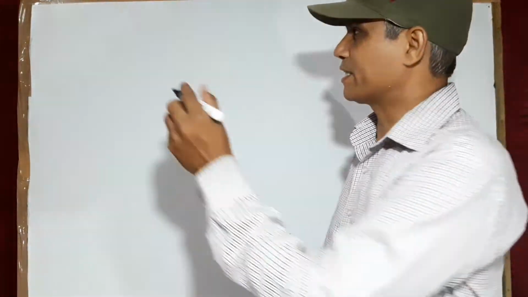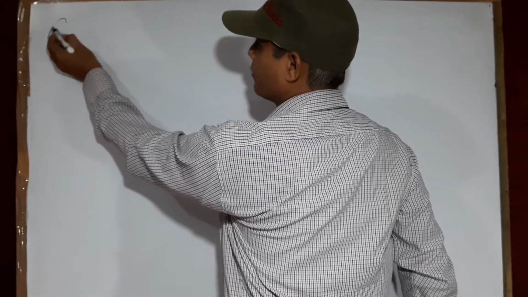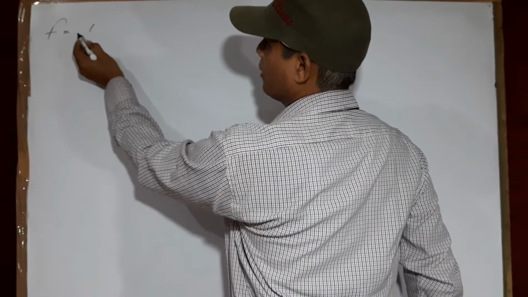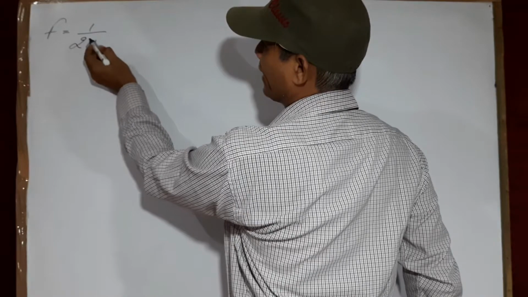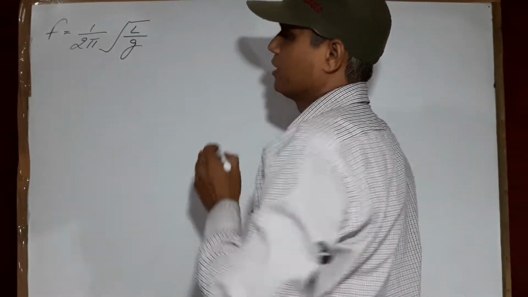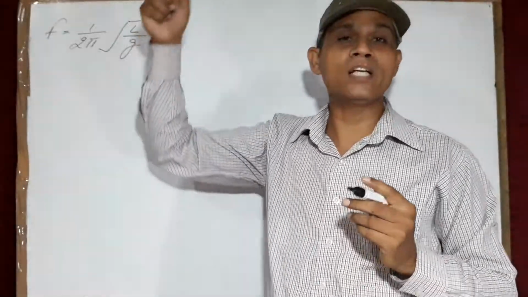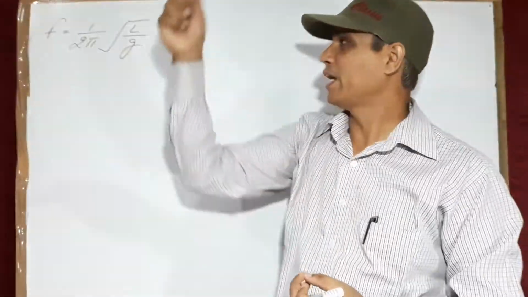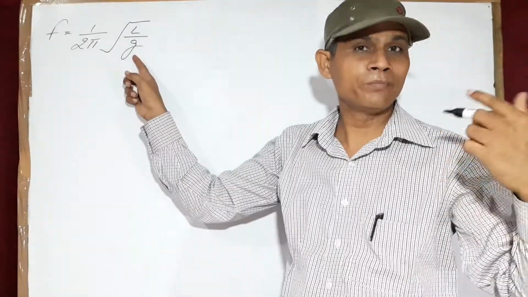The frequency is given by the formula f = 1/(2π) × √(L/g). That means frequency depends upon the length of the string and the acceleration due to gravity.